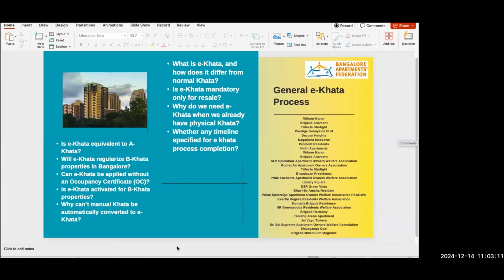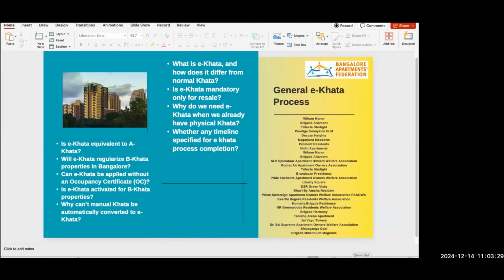Imagine a local notebook or a register in which your property records are written. Nobody within BBMP other than that one person who was maintaining that book had control or access to it. Even the citizen had no access to it.